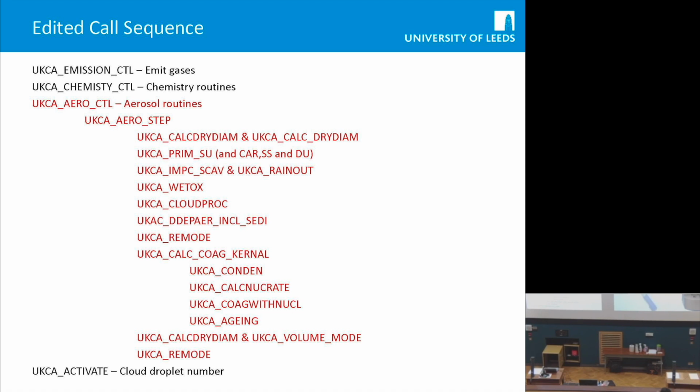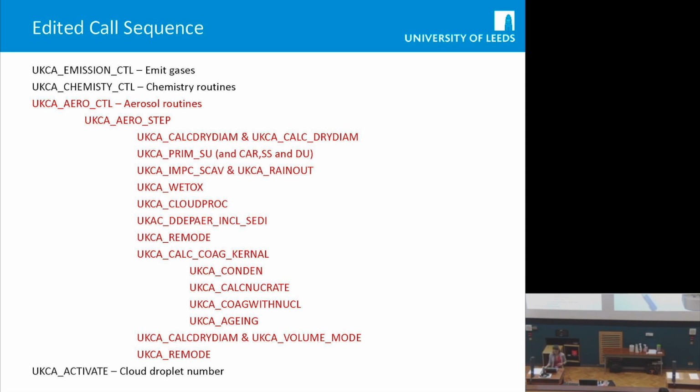So you can see things in here like prim SU, where the primary emission of sulfate is happening, cloud processing, dry deposition, condensation, nucleation rate, coagulation. So all of those things are represented in their own little subroutines that the model will step through and work through each time step to see if things need to be updated.